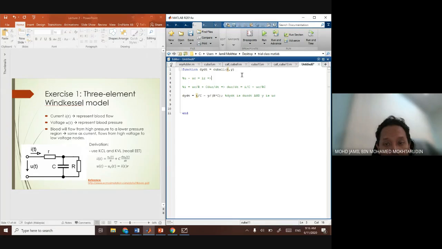So we write I equals U over R minus UC over R. Okay, rewrite it. So I equals U over R minus Y over R. So UC is Y, okay?